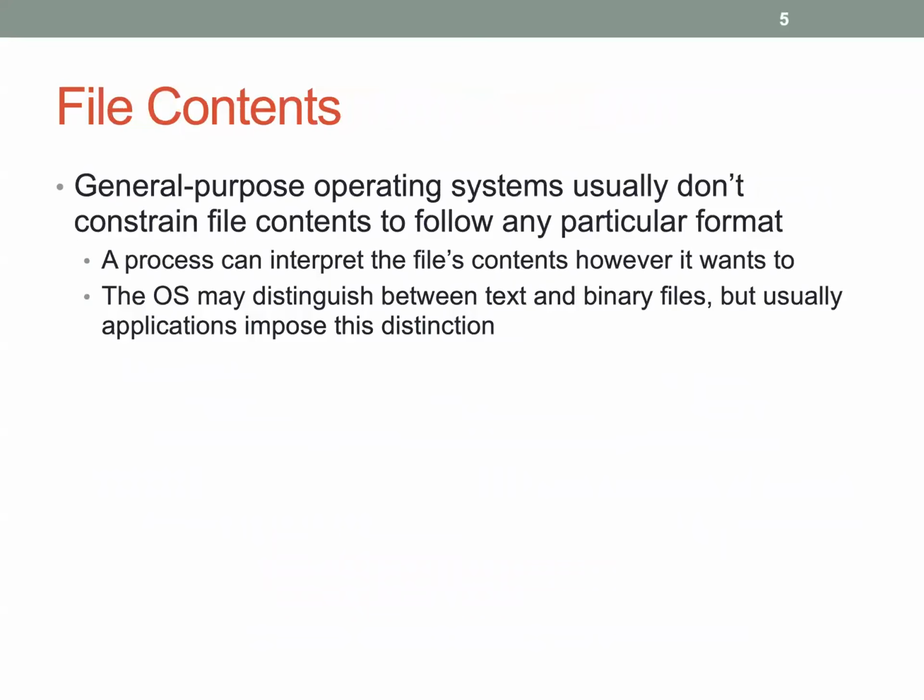Another thing that you should be super happy about, and you probably had no idea that this thing was even real, is that modern operating systems really don't constrain your file's contents to follow any particular format. Maybe the worst constraint you have to live with is that bytes have 8 bits in them.